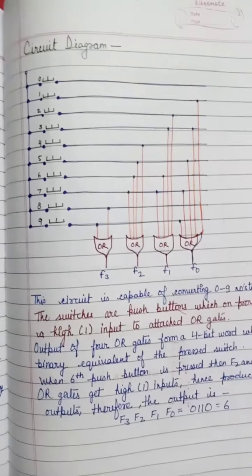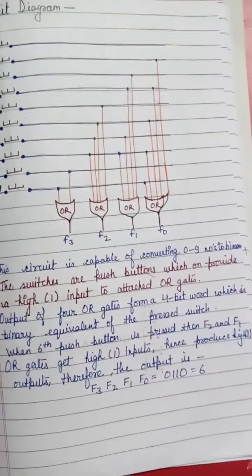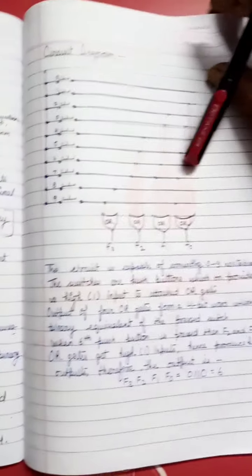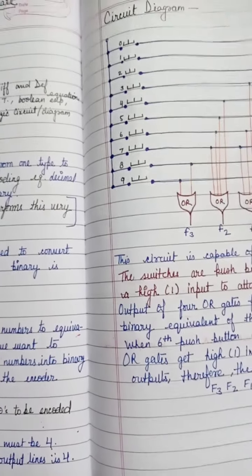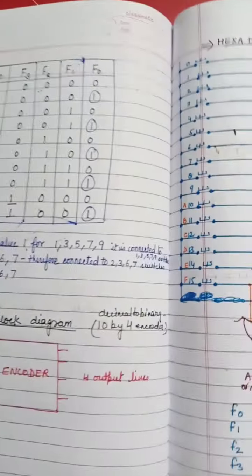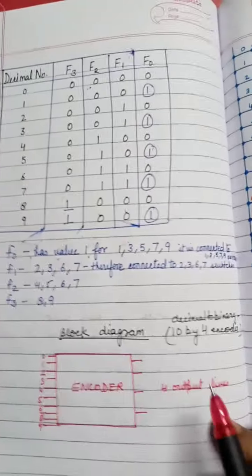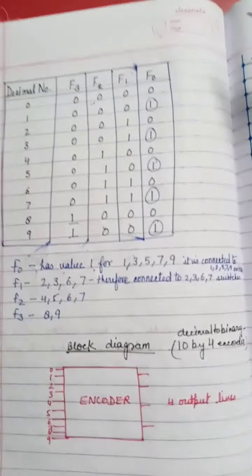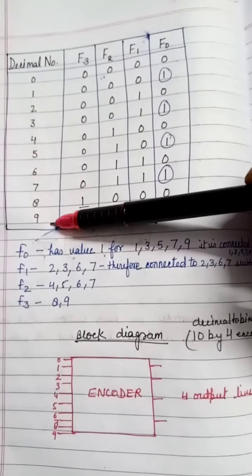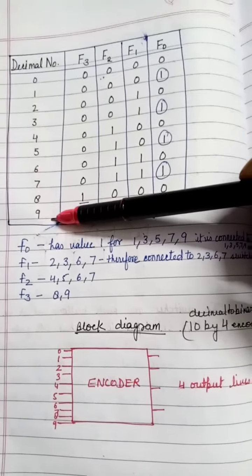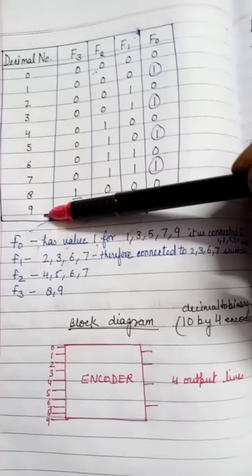Now how to make the logic circuit diagram? Firstly, we will see the truth table of this. We need to convert decimal numbers into binary. So decimal numbers are from 0 to 9. Make the truth table first, then it will be very easy for you to make the logic circuit diagram.